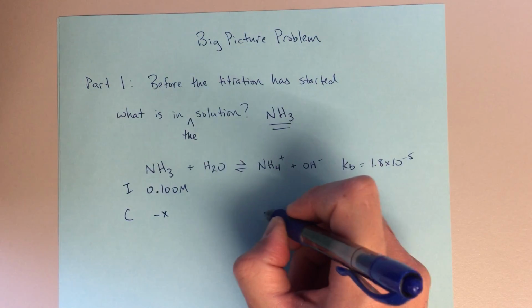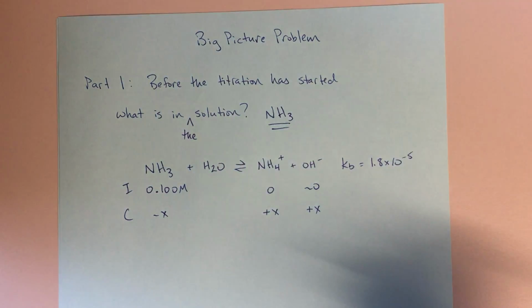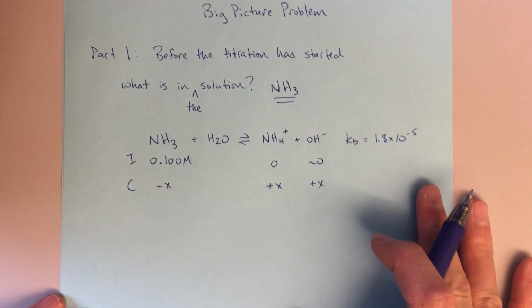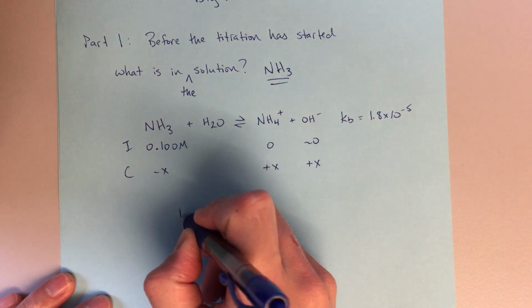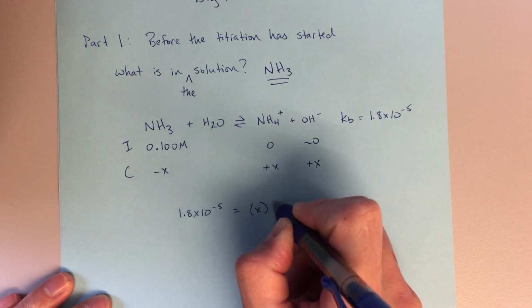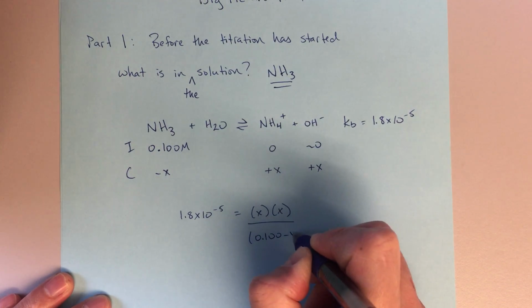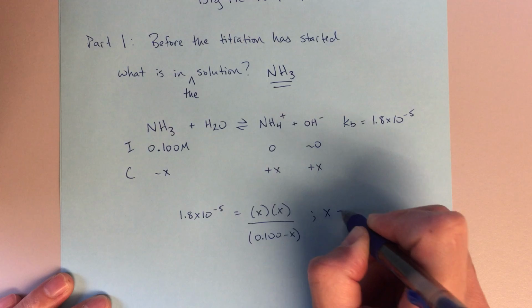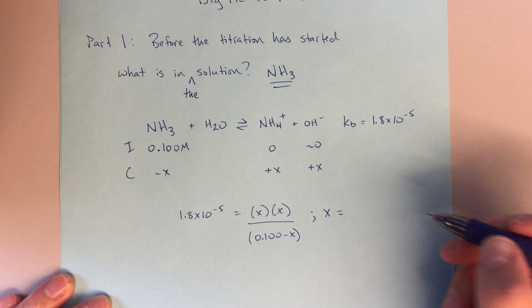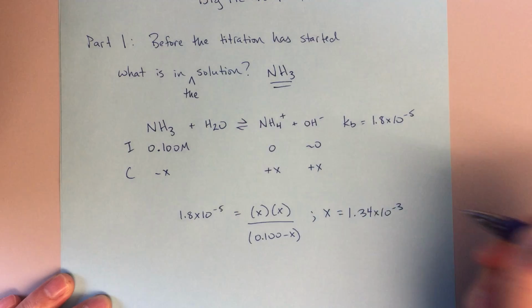Minus x, plus x, plus x, and that's really it, right? We're just going to solve this for x. And that x value works out to be 1.34 times 10 to the minus third.